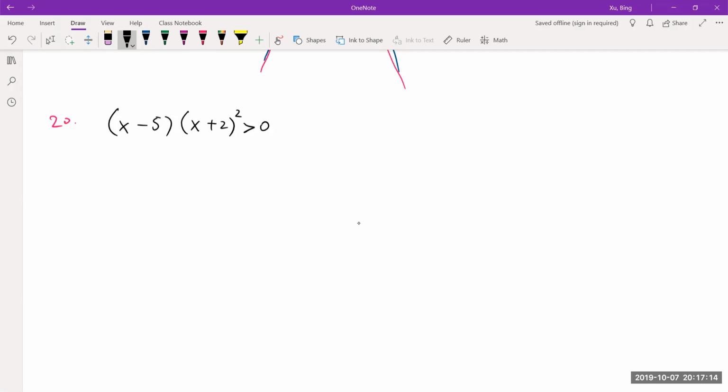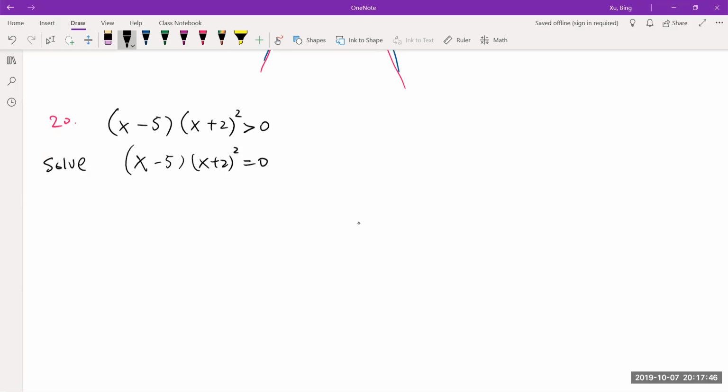All right, so how do we solve it without graphing? First, for a polynomial inequality, you want to find all the real zeros. Basically, find the solution where one side is equal to 0.